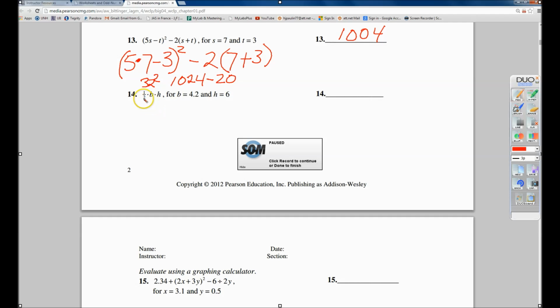All right, this next one is interesting because this is the formula for a triangle. So it's 1/2 the base, which is 4.2, and then times h, which is 6. Now this will actually cancel here.